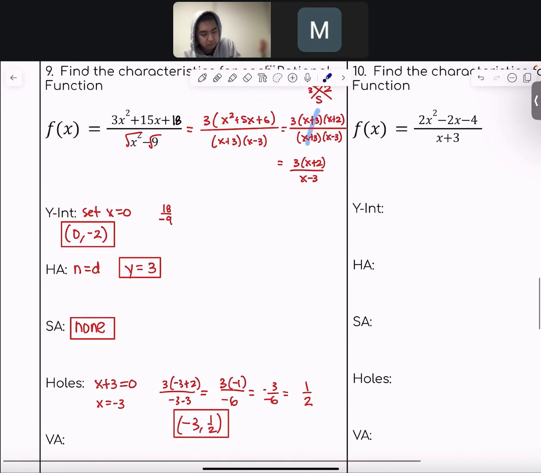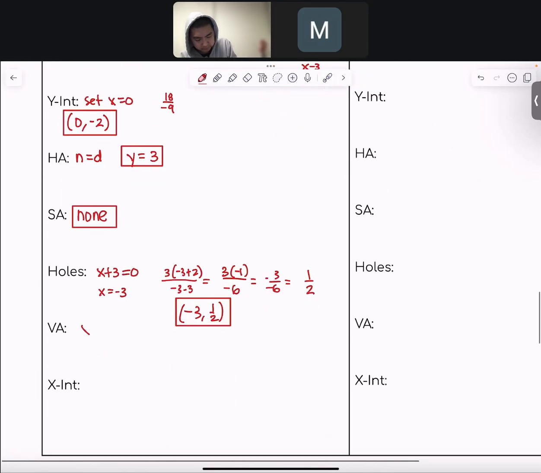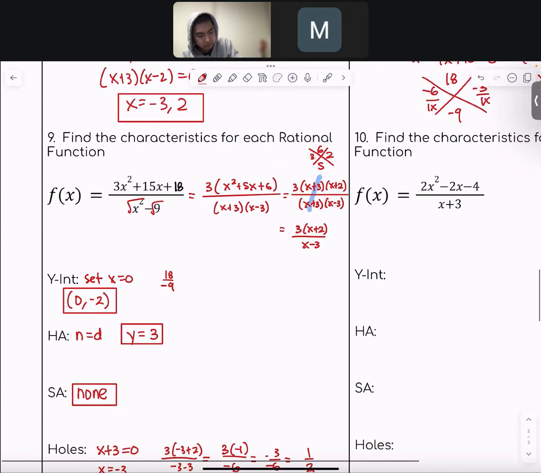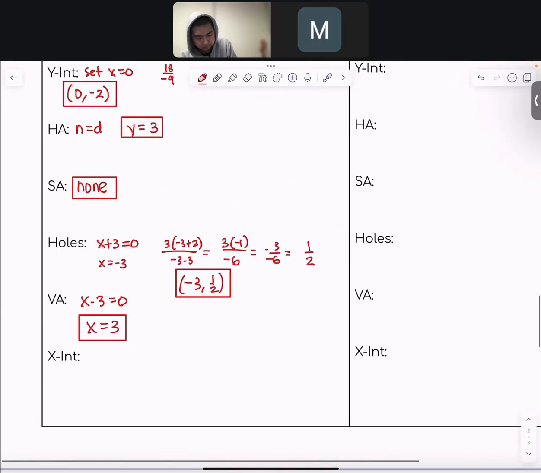For the vertical asymptote, you set the denominator equal to 0. So that is x minus 3 equals 0. So the vertical asymptote is x equals 3. And for your x-intercept, this is where you set your numerator equal to 0. So 3x plus 2 equals 0, so the 3 doesn't matter, so x equals negative 2.